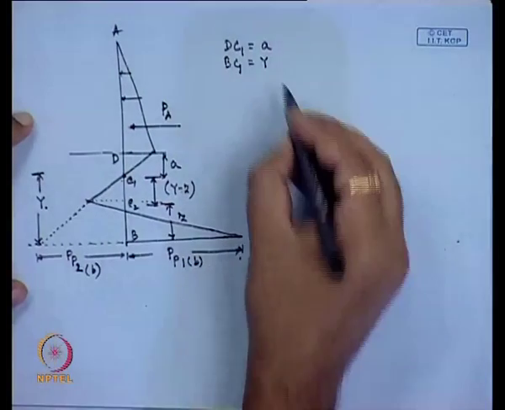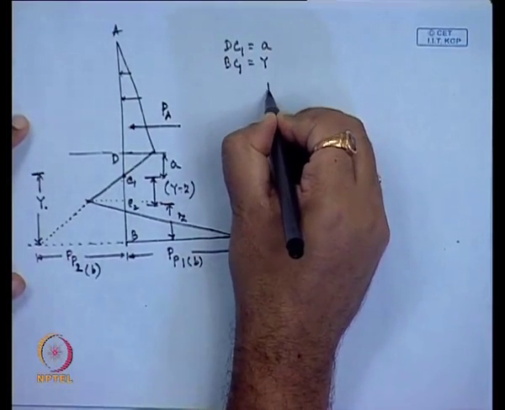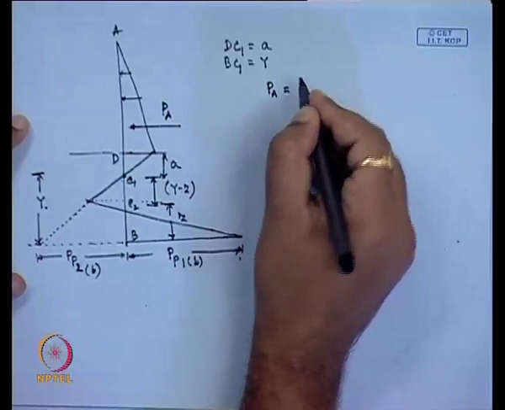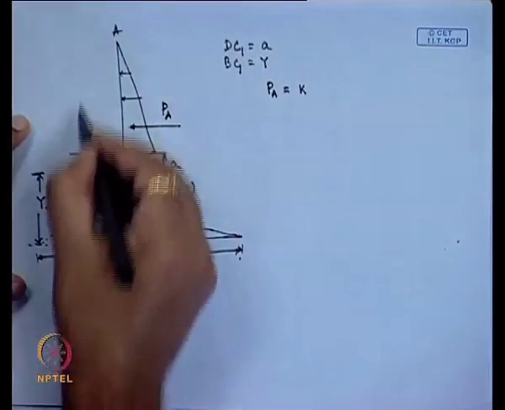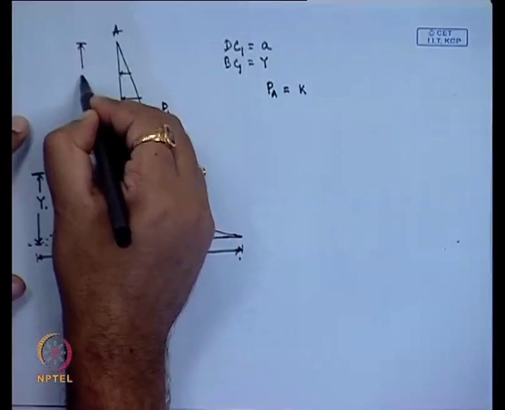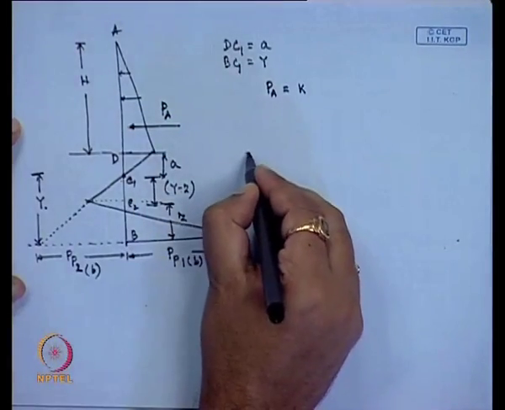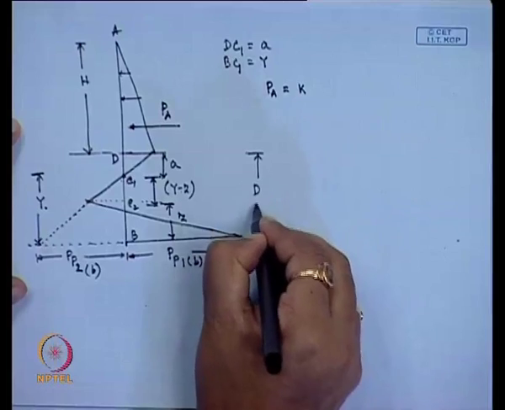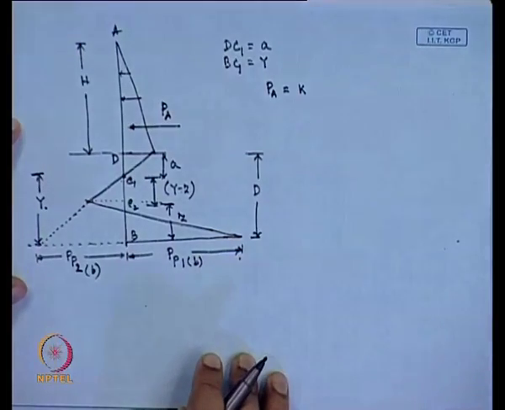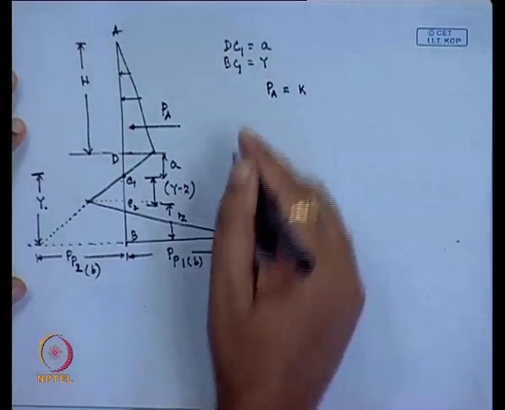Now, if I write this expression, P A will be K A, because this height is H, and d is the depth of the sheet pile below the dredge line.